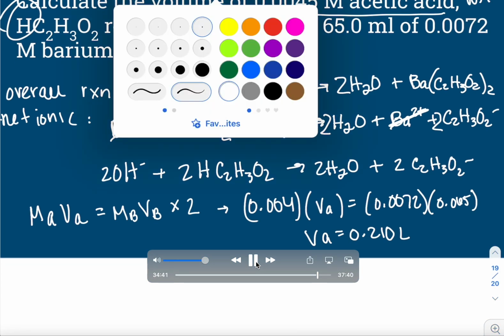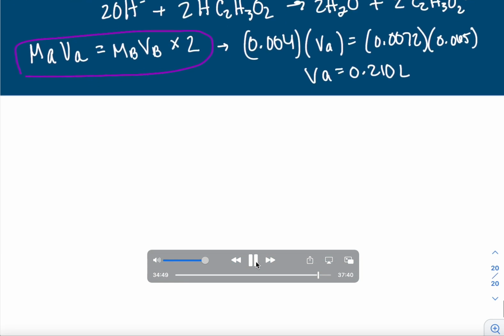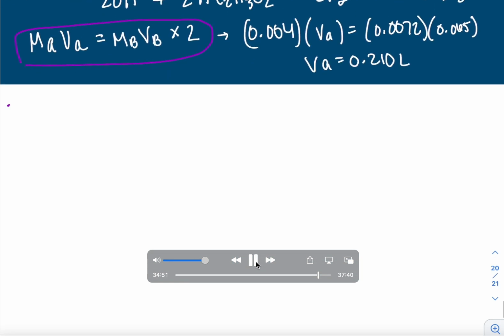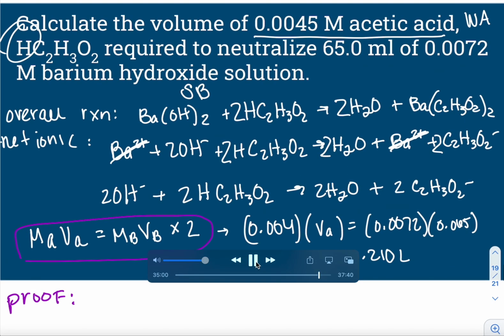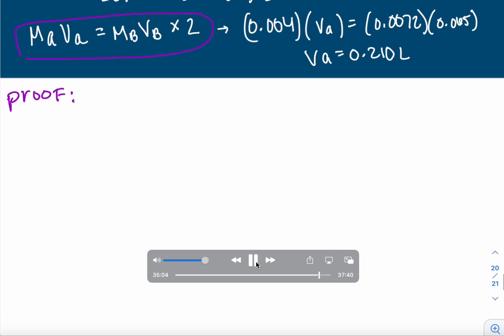So what I'm going to do now is show you that this whole method works, this times 2 thing, by doing out the stoichiometry. If I want to find the moles of the base, because we're looking to neutralize the base here, we're going to do the molarity times the liters equals the moles.